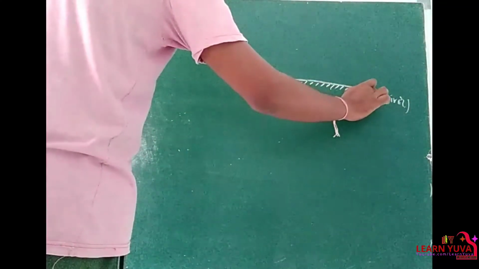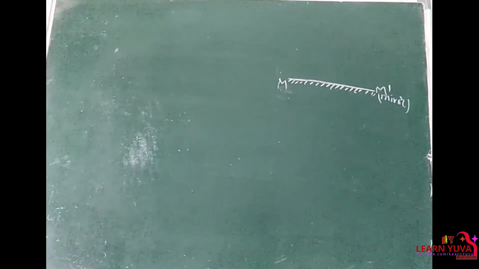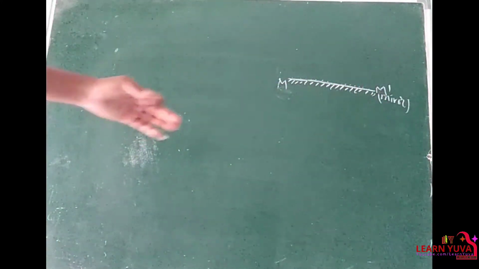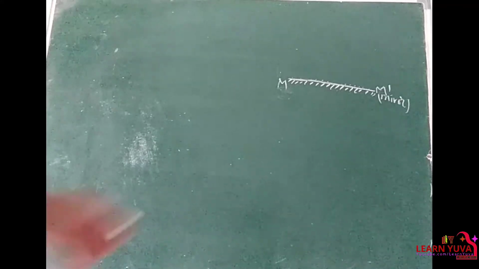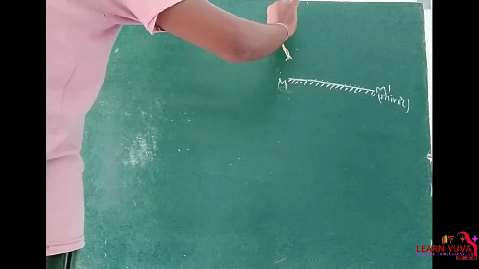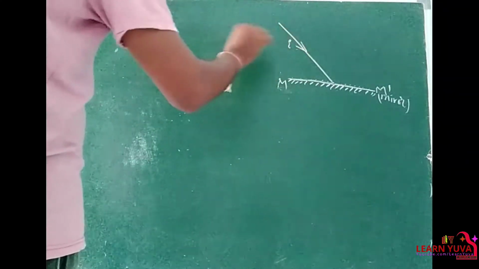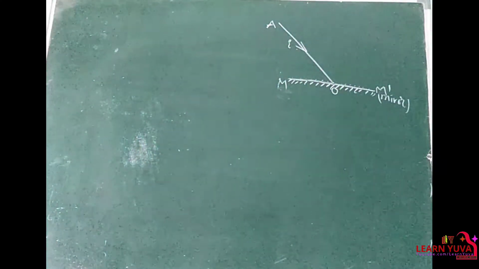Mark it as M and M dash. To this mirror, one side is a smooth surface and it is not coated, and on the other side a coating will be present. Next one is incident ray, marked as the ray AO.